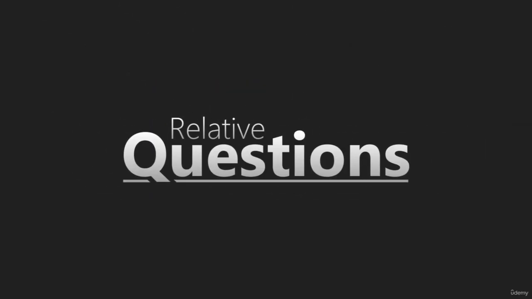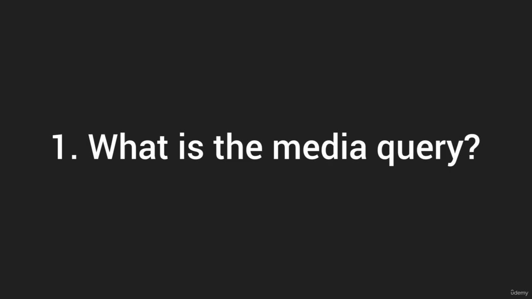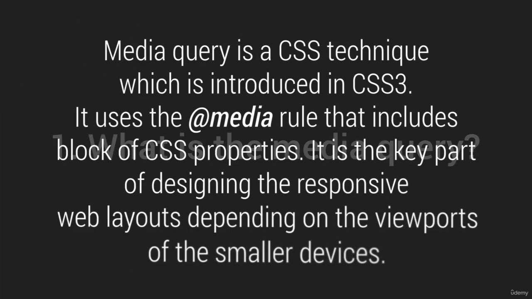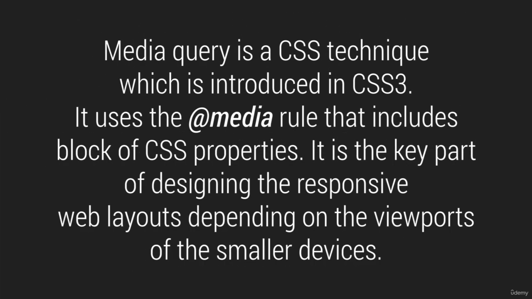Let's talk about related questions. So what is a media query? A media query is a CSS technique which was introduced in CSS 3. It uses the media rule that includes a block of CSS properties. It is the key part of designing responsive web layouts depending on the viewports of smaller devices.